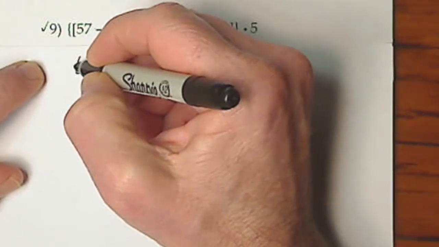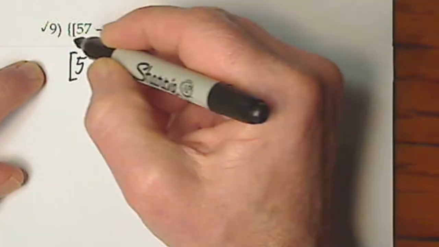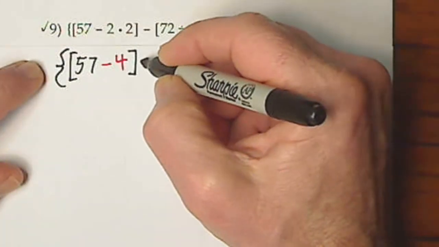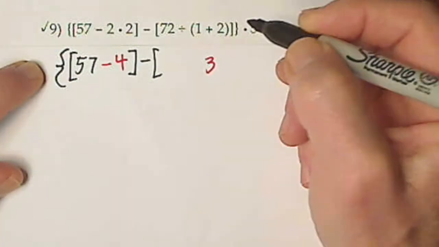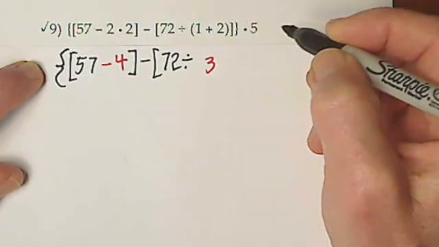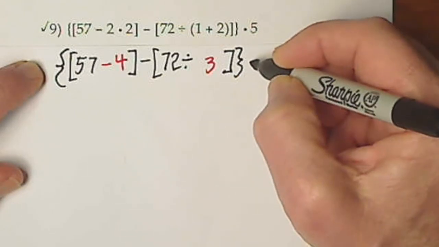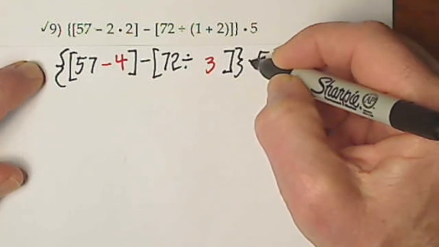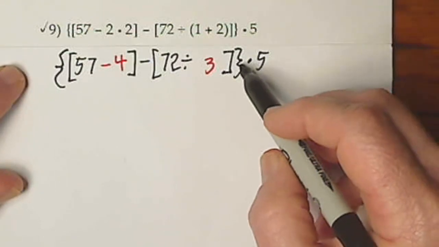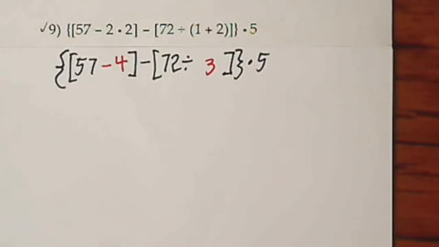So the 57, our square brackets, the curved grouping symbol, 72, and this division sign. Again, our square bracket, the curved grouping symbol, and this is times 5. Incidentally, they put a dot here, but they don't need it. If you have a number next to a grouping symbol, that's math shorthand for multiply.